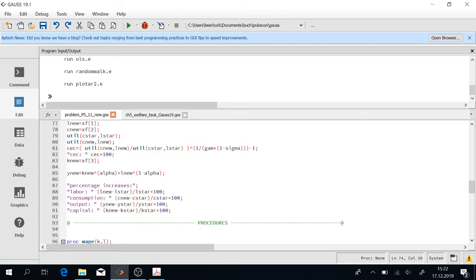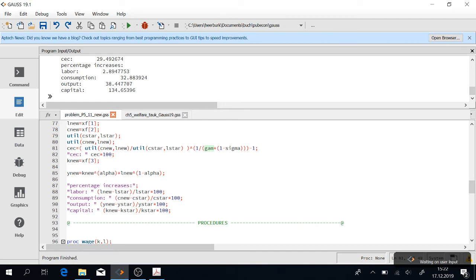And line 81 specifies the consumption equivalent change that is associated with the new policy with a lump sum tax that replaces capital income taxes. So let's run this program. And here you see our results.